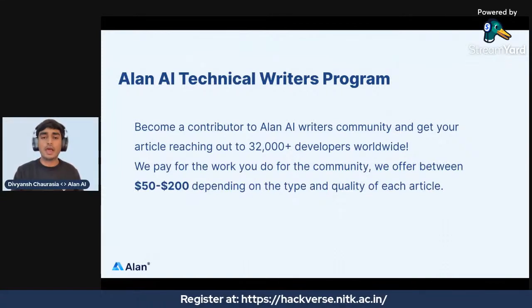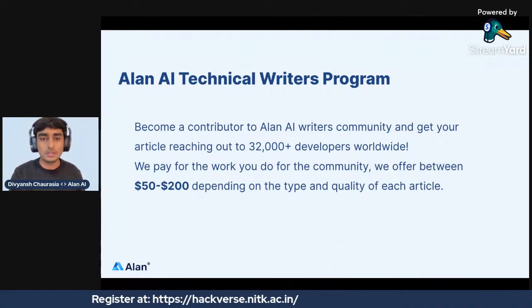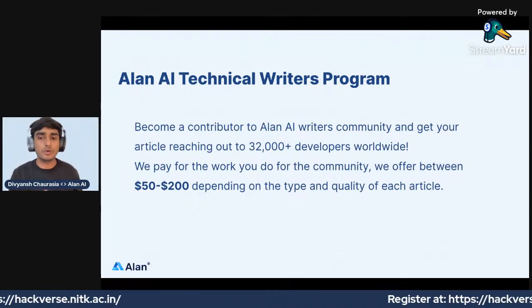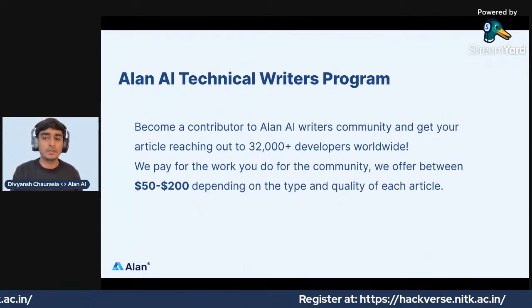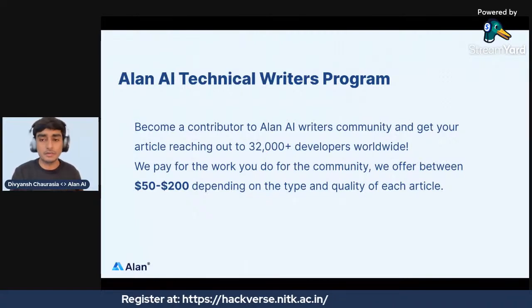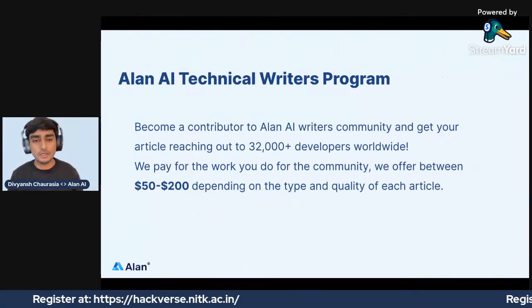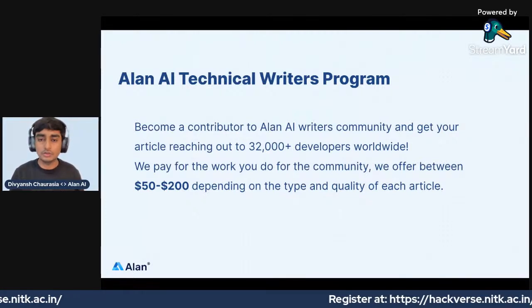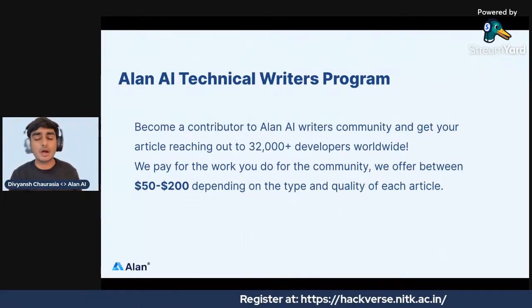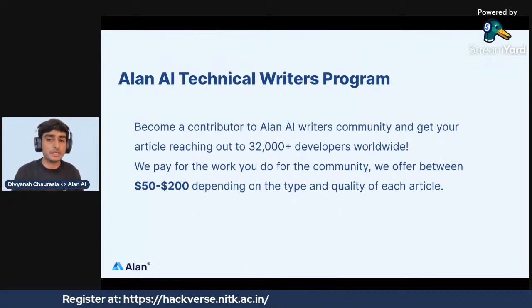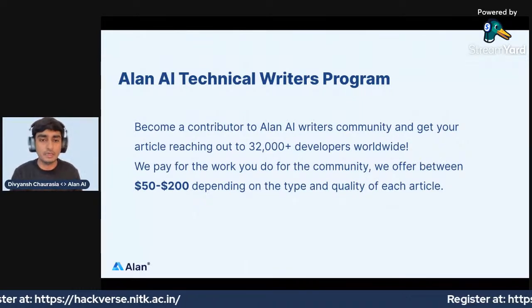And the final thing is the Allen AI Technical Writers Program. Our community is growing really fast, and we are trying to help our developers in the community with community-driven content. So we are looking for some technical authors who can write something about Allen AI, like tutorials, getting started docs, or anything like that.